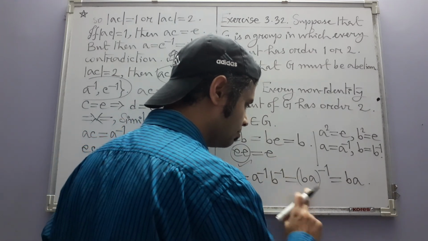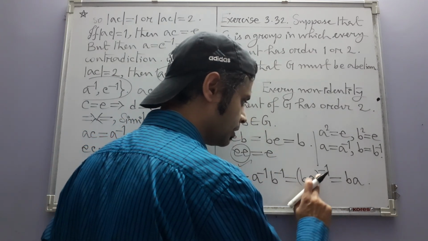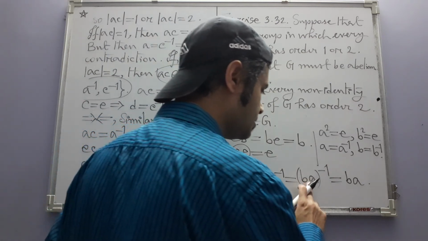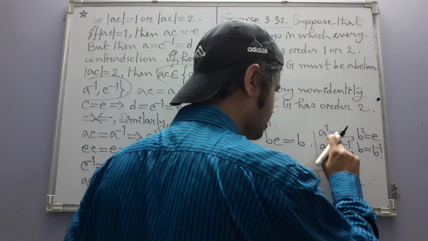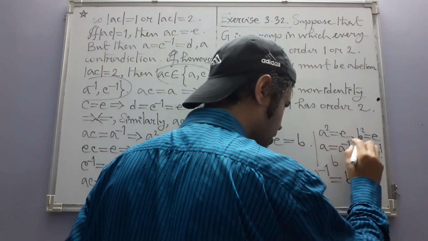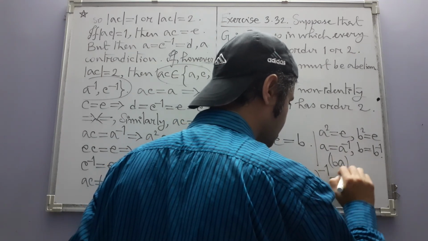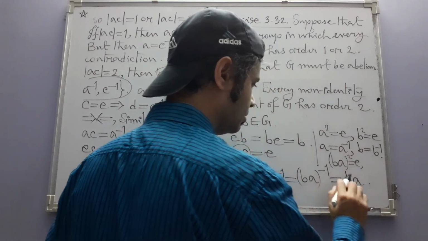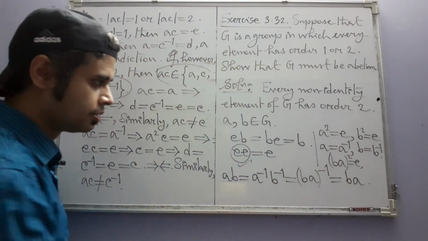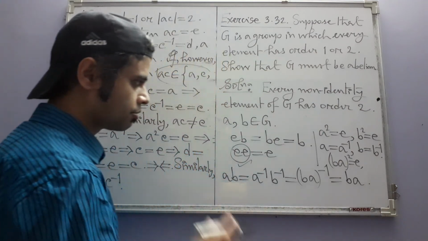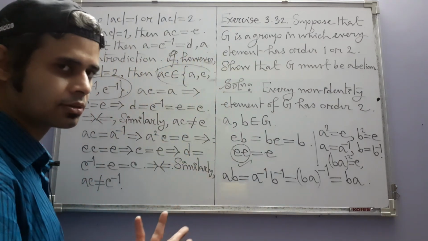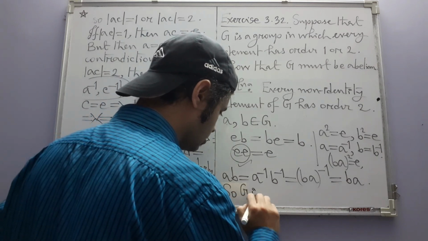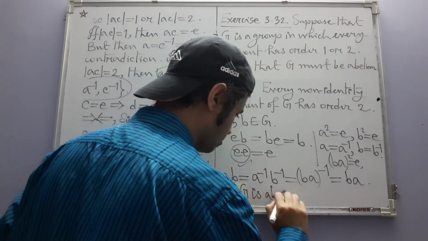If this BA is identity, then its inverse is of course itself, that is BA, and if this BA is not identity, then this BA is an element like A and B. So BA square is also equal to E, and from there again you get BA inverse equal to BA. So AB is equal to BA. So any two elements of the group commute, and so G is abelian.